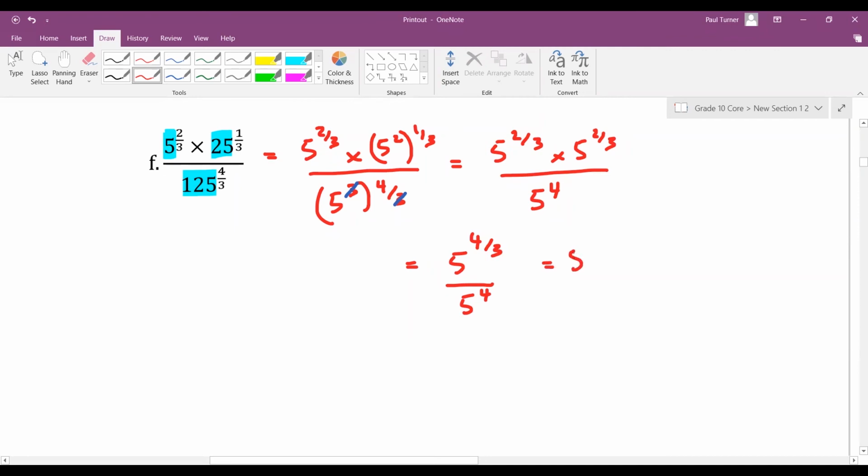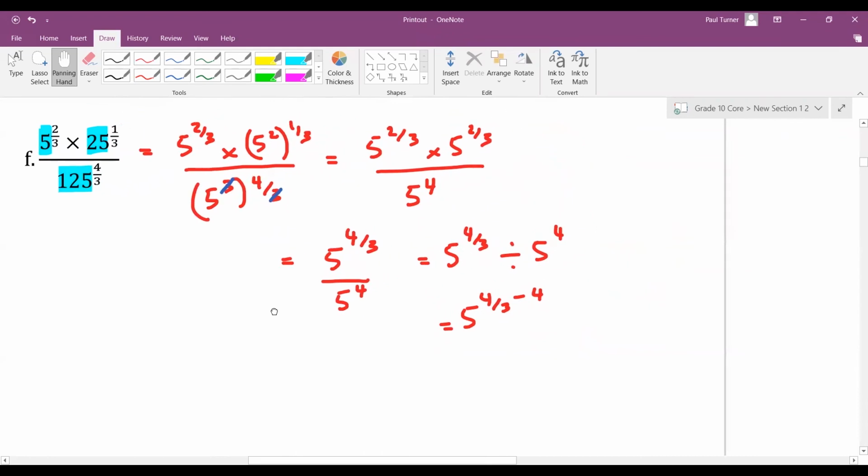Okay, so that's going to be 5, 4 on 3, divided by 5 power 4. And here we would subtract the powers. 5, 4 on 3 minus 4. So if you are without a calculator, you would make a common power: 5, 4 on 3 minus 12 on 3, because 12 on 3 is 4. And so that would be 5, 4 minus 12, minus 8 on 3.